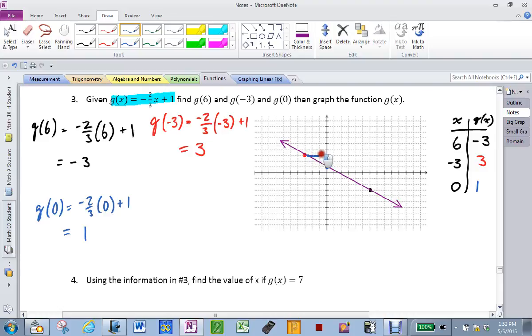I went over 3, down 2. Over 1, 2, 3, down 1, 2. Over 1, 2, 3, down 1, 2. And I made the little steps that our man can run up if he needs to.